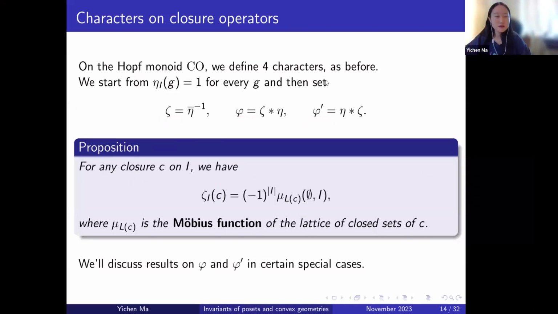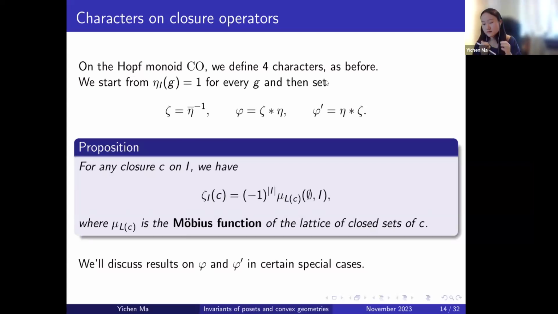We can determine an expression for zeta: for any closure C on I, zeta of C is (-1) to the size of I times the value of the Möbius function on the interval from the minimum element to the maximum element. This Möbius function is with respect to the lattice of closed sets of C.